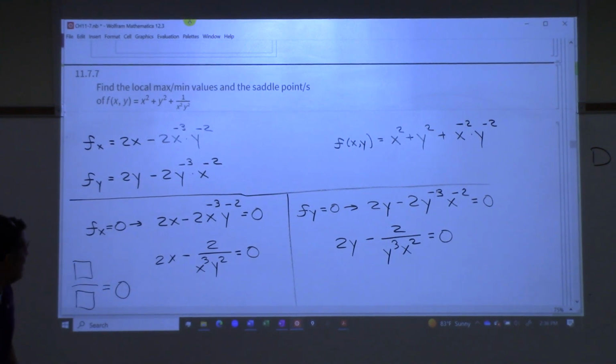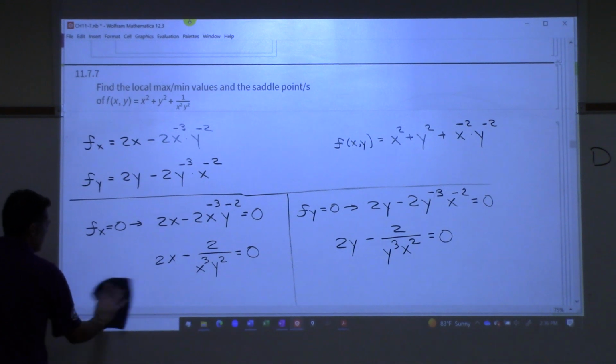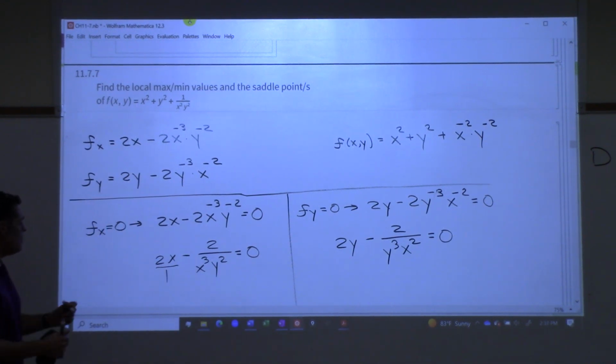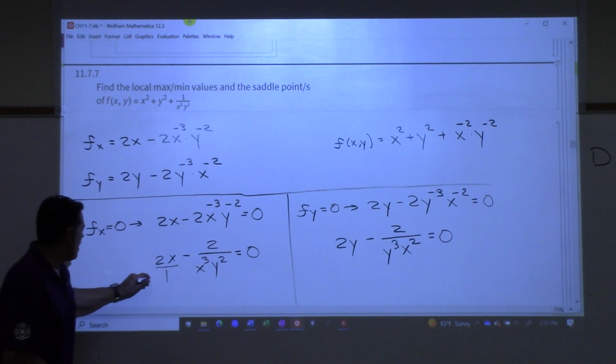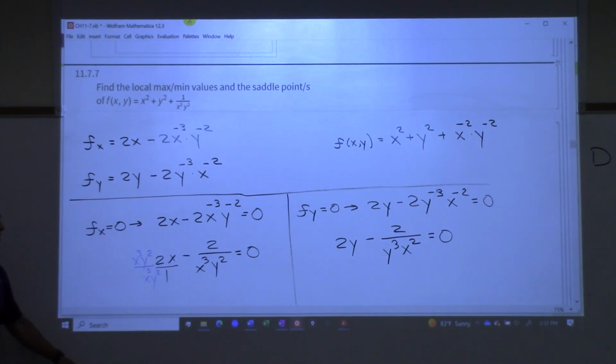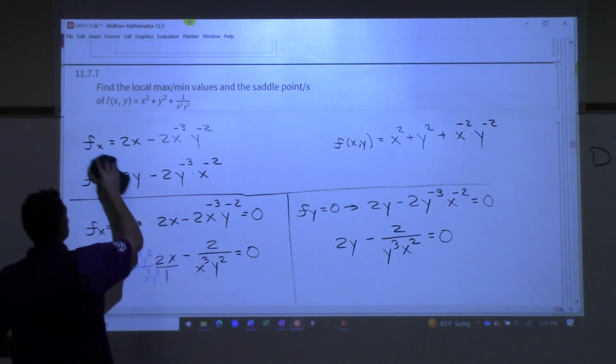And I'm going to have a similar thing happen over on the other one. So I look at this as being over 1, and then I have to get a common denominator. So I'm going to multiply top and bottom of this by this. Okay, so I'm multiplying this first one by 1. And I want to keep that on the board over there.